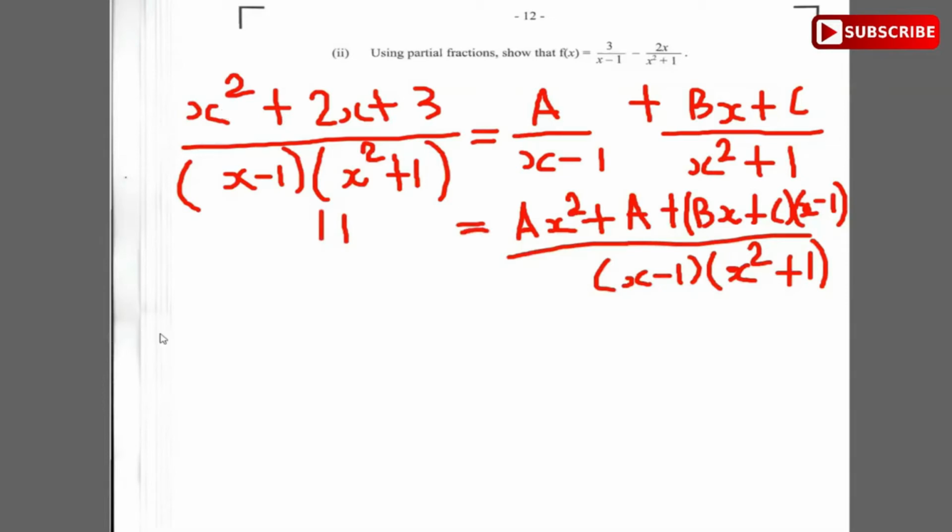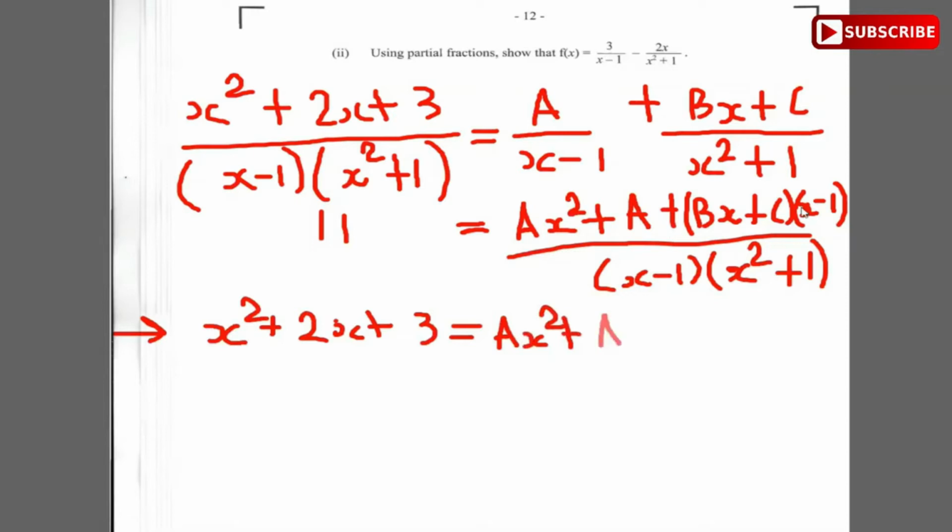So equating their numerators, x squared plus 2x plus 3 is equal to ax squared plus a.